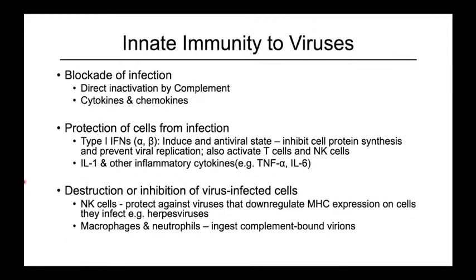So when they are activated, or basically when you just have exposure to a virus, this virus can be directly inactivated by complement, okay? Remember the alternative and mannose binding lectin pathways of complement can recognize a pathogen or can be activated by pathogen directly.